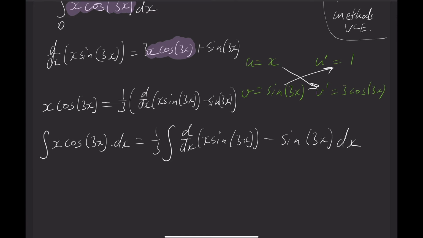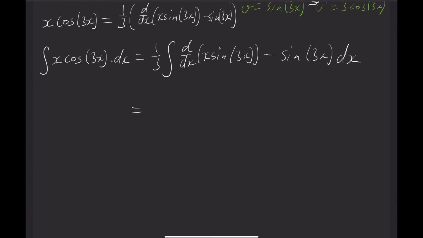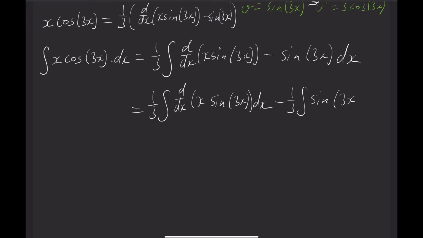All right, we can separate this integral quite nicely, so we can have 1/3 the integral of d/dx of x sine 3x dx minus 1/3 the integral of sine of 3x dx.